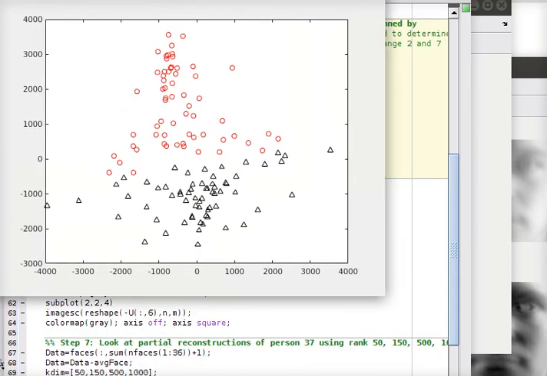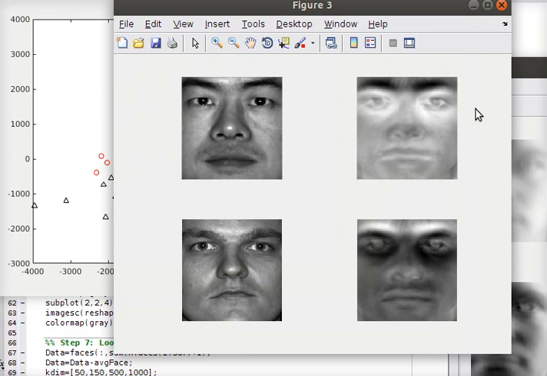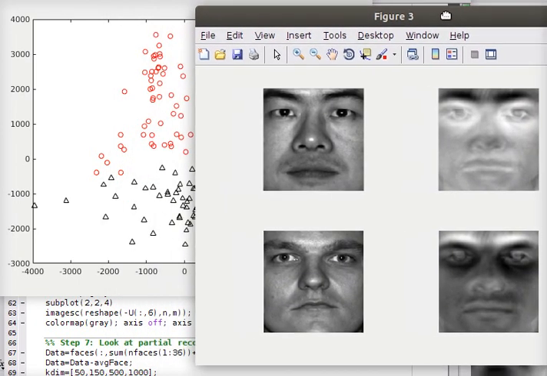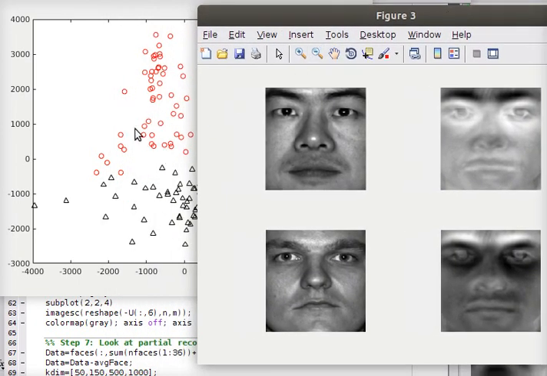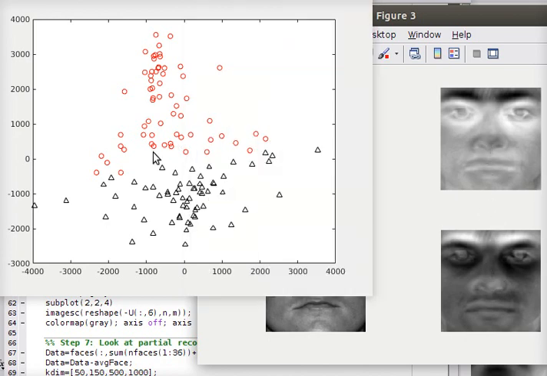Okay, so what's happening is that on the top, person 2 is corresponding to a positive value or a positive coordinate for basis vector 6, and the bottom person, which is person 7, has a negative value of eigenvector 6. And so you can kind of try to see why the two people are being split this way.